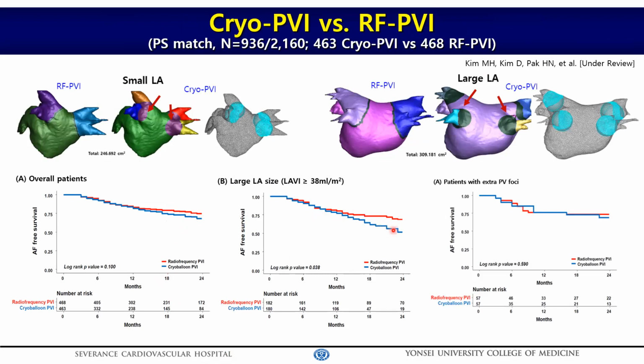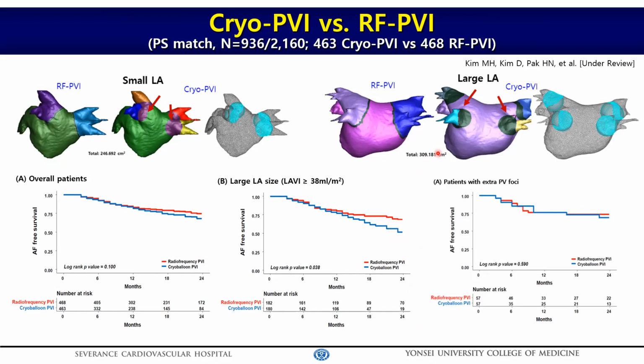However, in patients with a large LA volume index, cryo PVI showed a worse rhythm outcome than RF PVI, especially in patients without extra PV triggers. In other words, in PV-dependent atrial fibrillation with a large LA, cryo PVI outcome was worse than RF antral ablation.